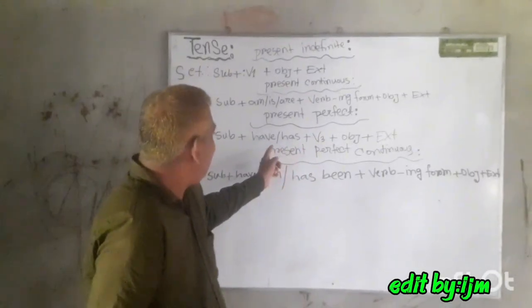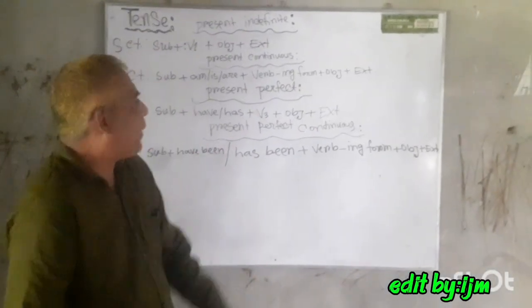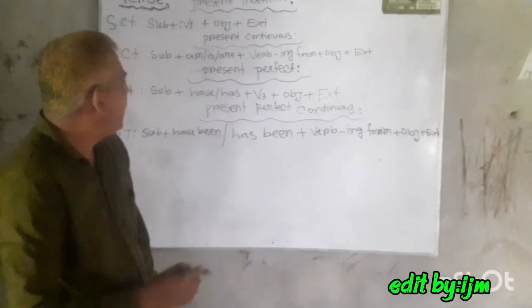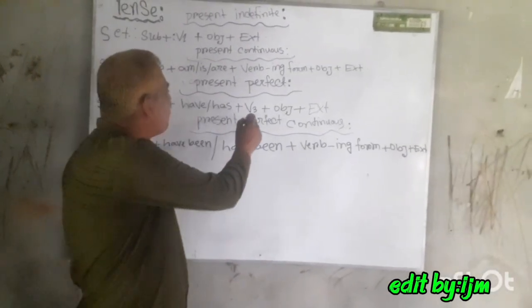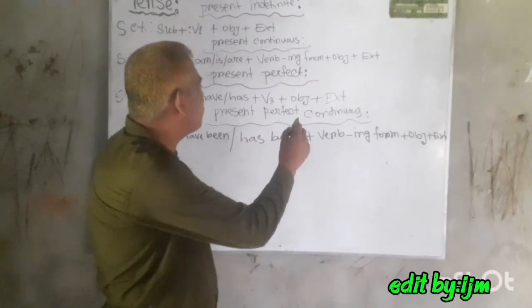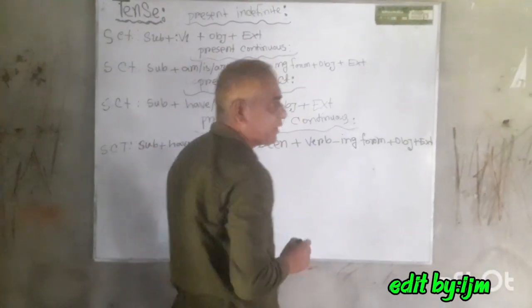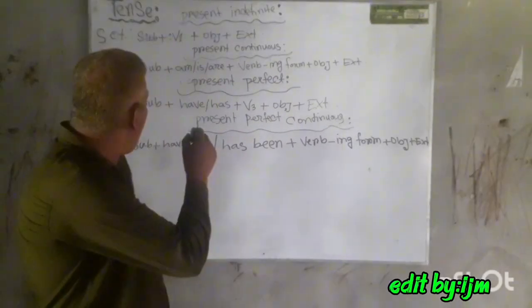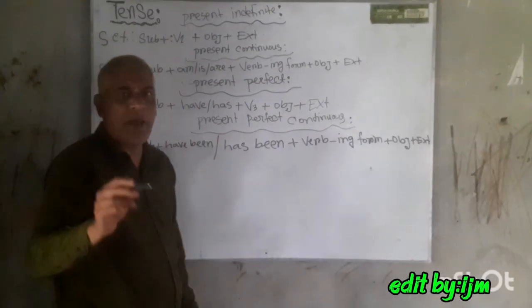Next we are learning present perfect. Present perfect structure is subject plus have or has plus verb 3, that means the past participle form of the verb, plus object plus extension. We learn the structure of present perfect tense. This is very important.